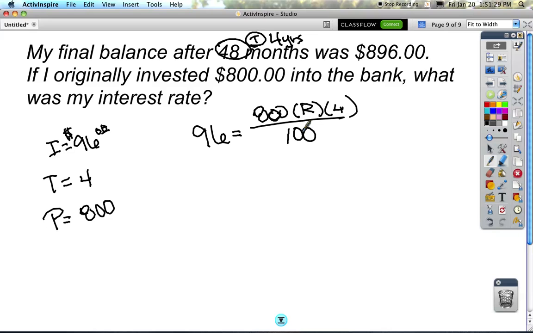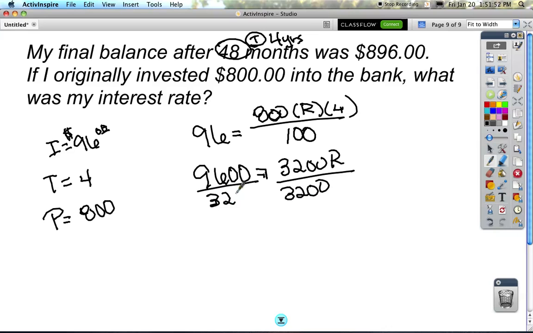Okay, so what's the first thing that I need to do? Multiply by 100. So that is 9,600 equals 800 times 4, which is what? 3,200, times R, divided by 100. And so what is my rate?